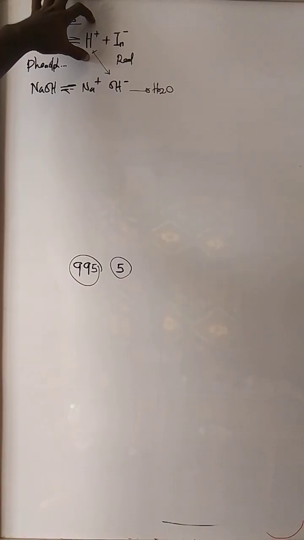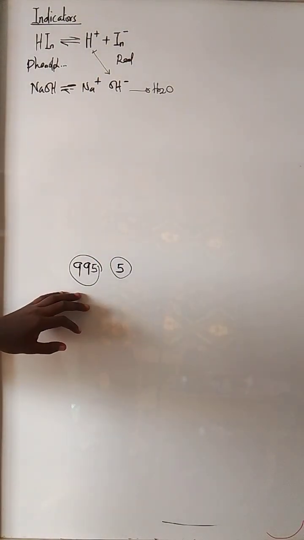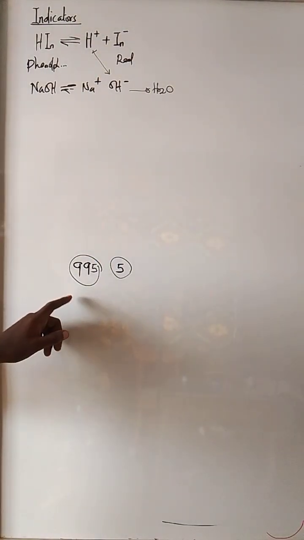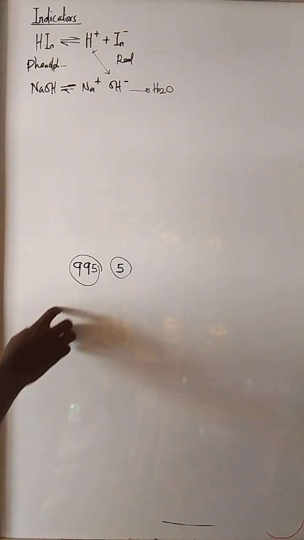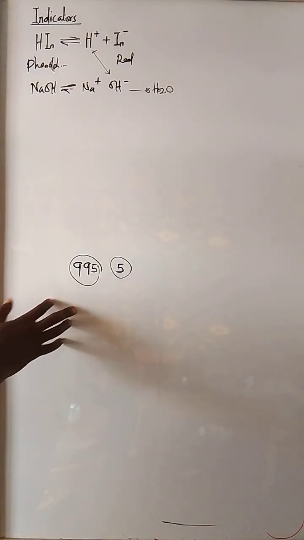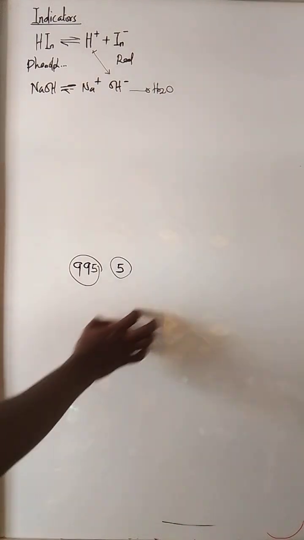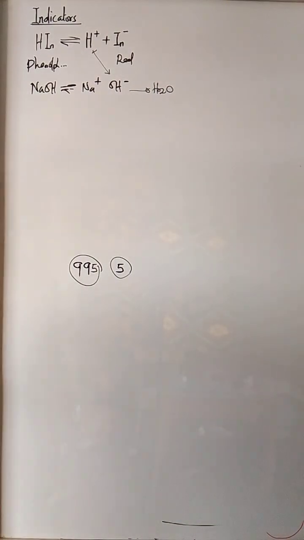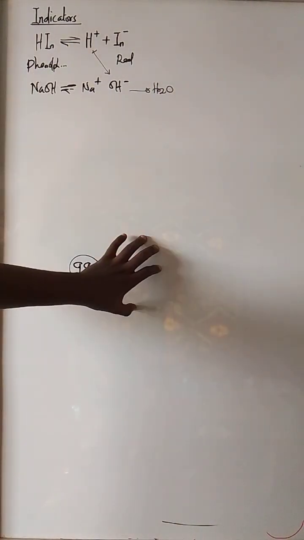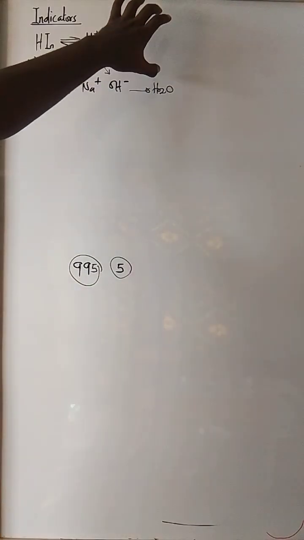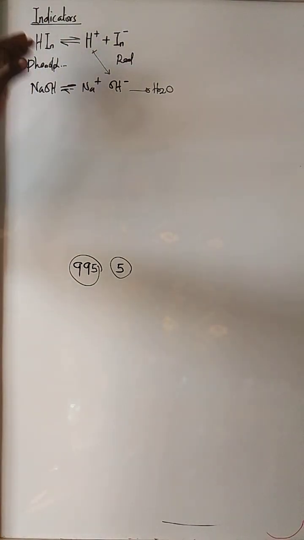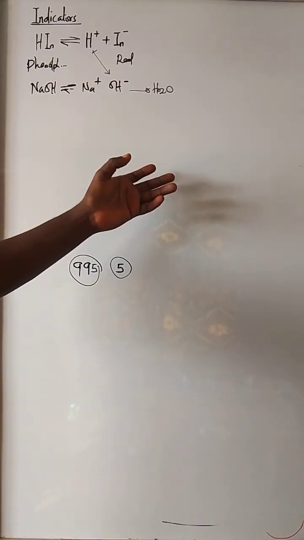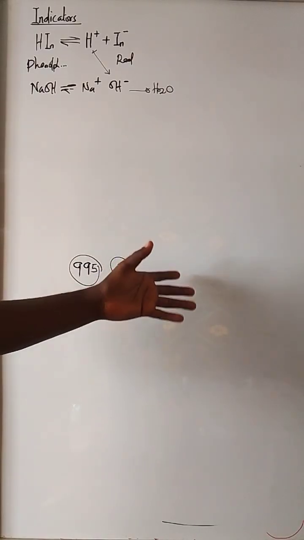So out of this 995, the number of molecules will be dropping, let's say from 995 to 700 or thereabout, while the ions will be increasing. So at the end of the day, the color of the ions will overshadow the molecules. Red will overshadow the colorless, and that is why it becomes pinkish red, like a diluted red.